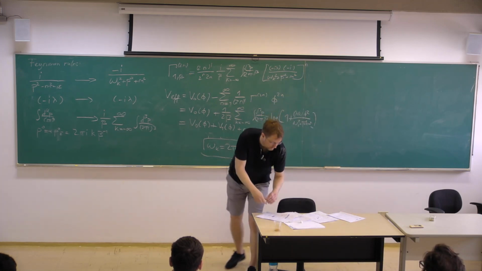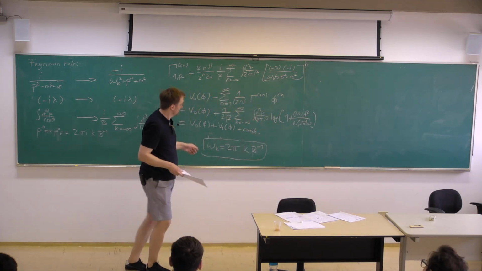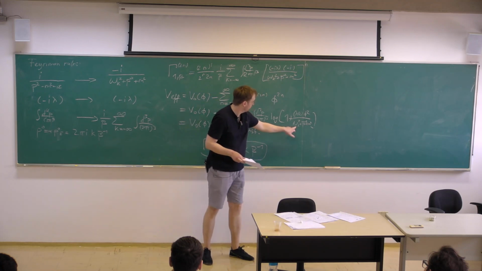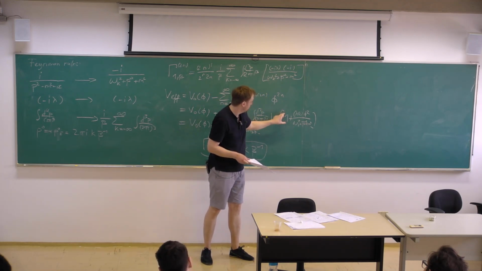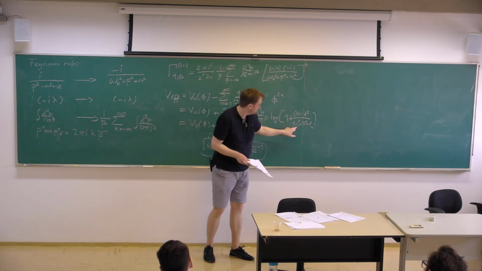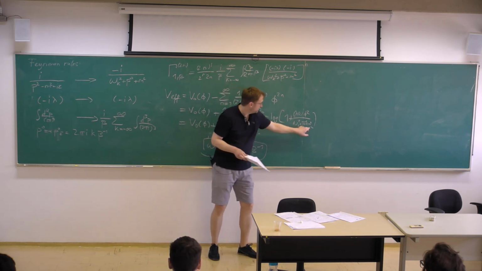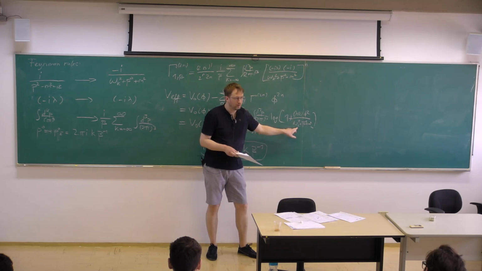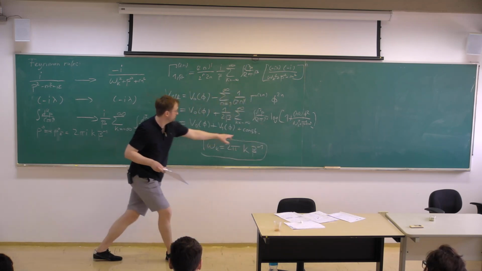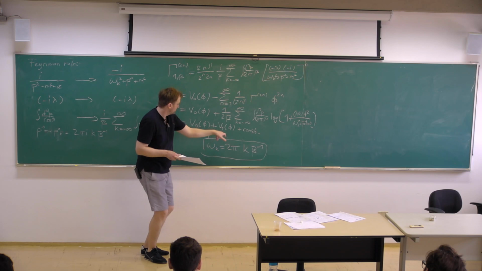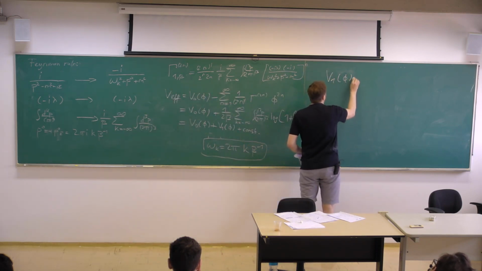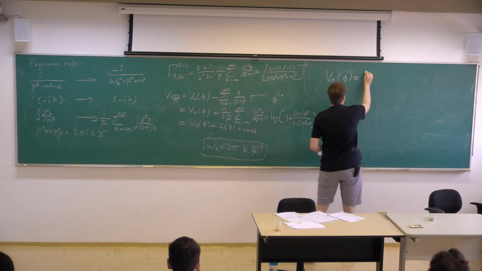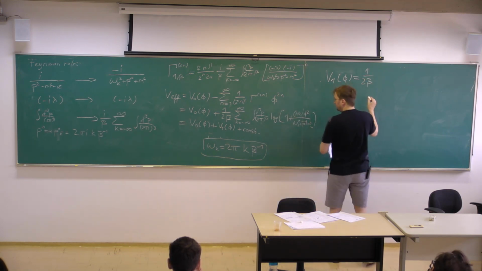Essentially again the same thing as before: I write this as the denominator plus this divided by the denominator. The denominator does not depend on the field, so it's a constant that I can throw away. This is what I call the constant here. So the one loop contribution to the effective potential that I really care about, I can now write like this.